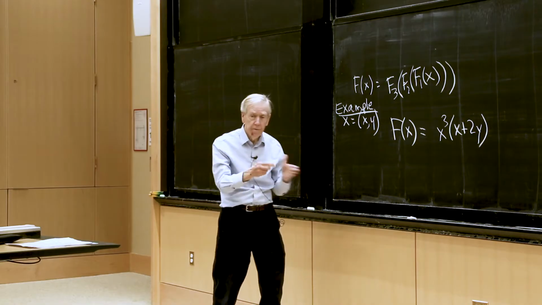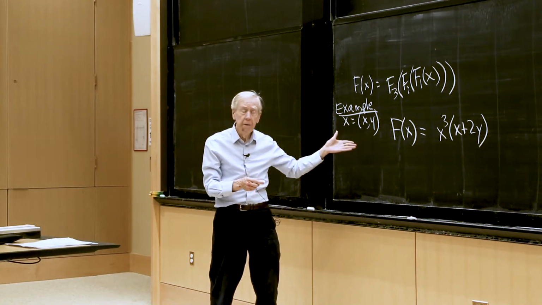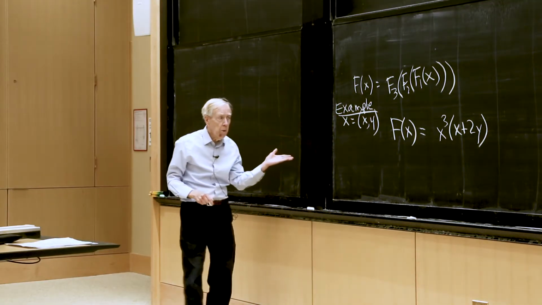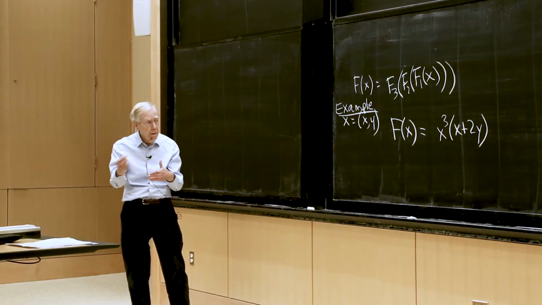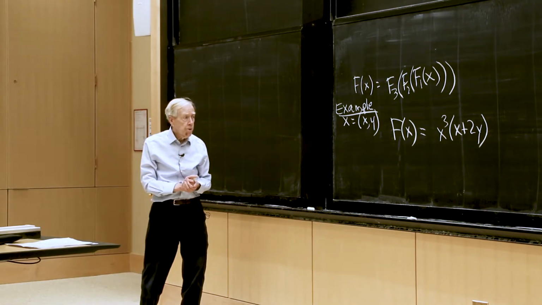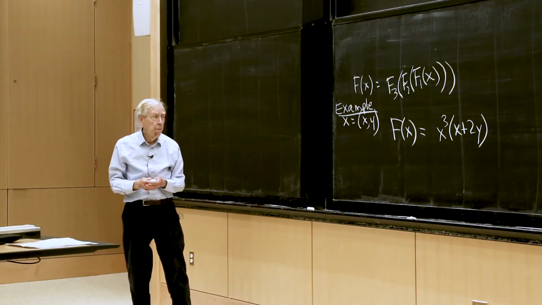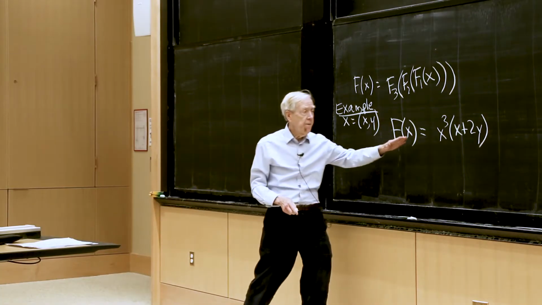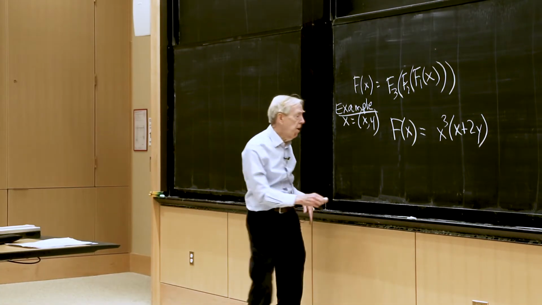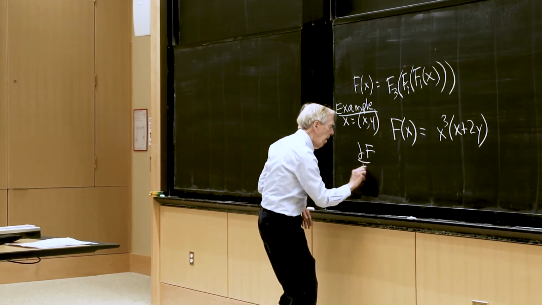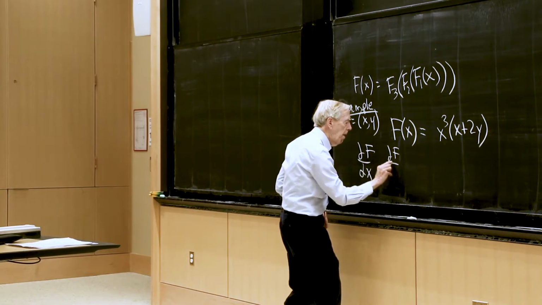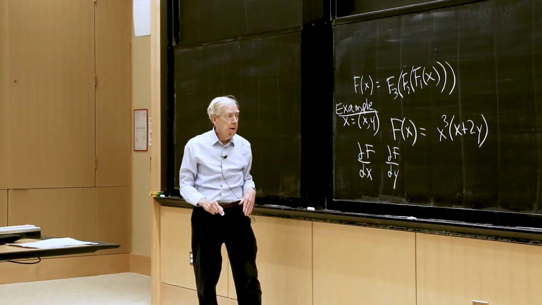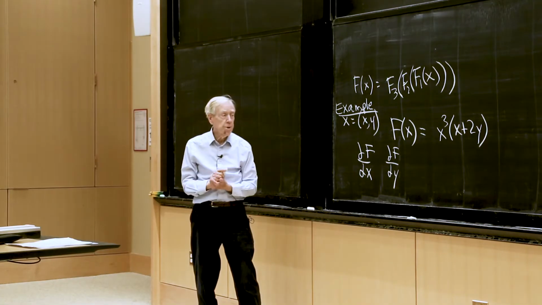So there's a product rule, and then we need the derivatives of each piece: a power rule and a linear combination rule. The point is to think about the computation of f, of df dx, and of df dy. Those are the derivatives we need, and how to do those computations quickly.